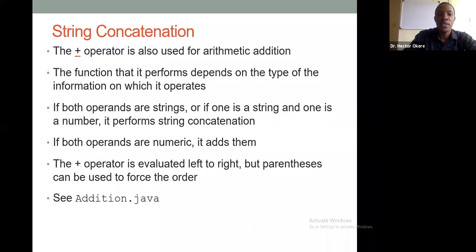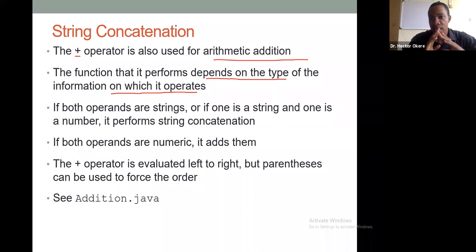So I already explained this. This operator is used for arithmetic addition, which is calculation, okay? The function that it performs depends on the type of information on which it operates, which means it will do concatenation or calculation depending on the operand.